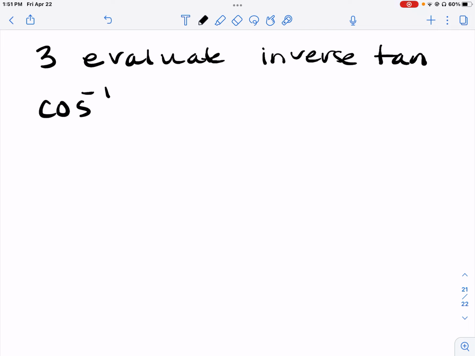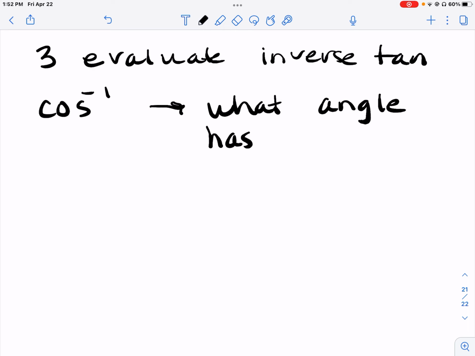The inverse cosine means what angle has that x value. Okay, I give you the x value, you give me the angle. That's what inverse cosine means.